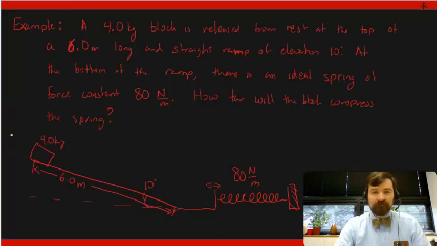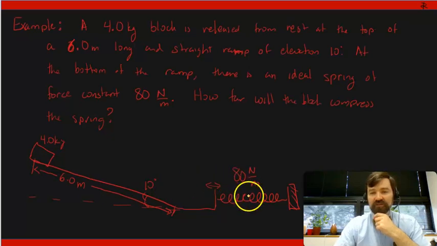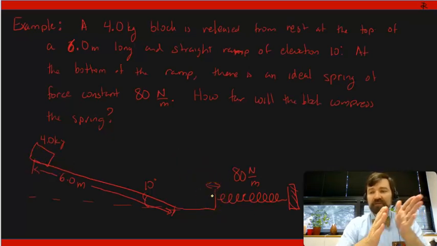So let's say that I have a block and I've put it at the top of a 6-meter long ramp. The ramp is straight in this case, and it's at an angle of elevation of 10 degrees. And then at the bottom of the ramp we've put this ideal spring which is attached to a little platform that this mass can basically butt up against and compress until it stops.